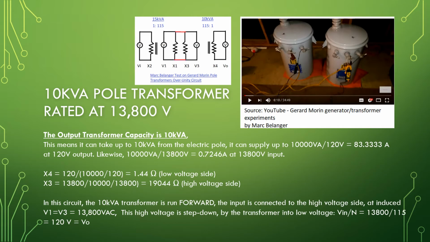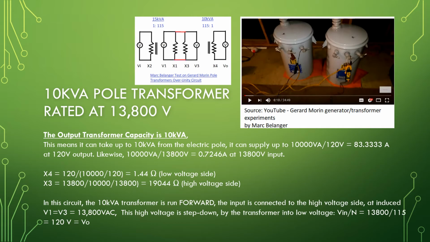Likewise, 10,000 VA divided by 13,800 volt equals 0.7246 ampere at 13,800 volt input.